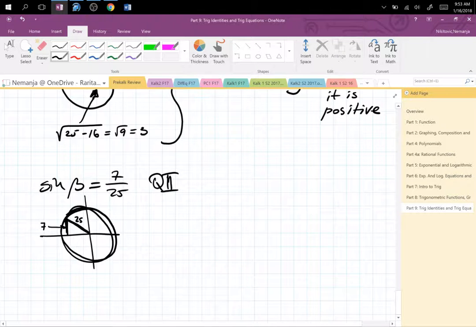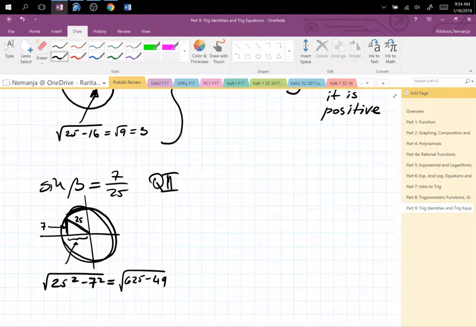So the one that we are looking for, the one on the bottom, is going to be the square root of 25 squared minus 7 squared, right? Now that's, I believe, the square root of 625 minus 49, and that works out to be 24.